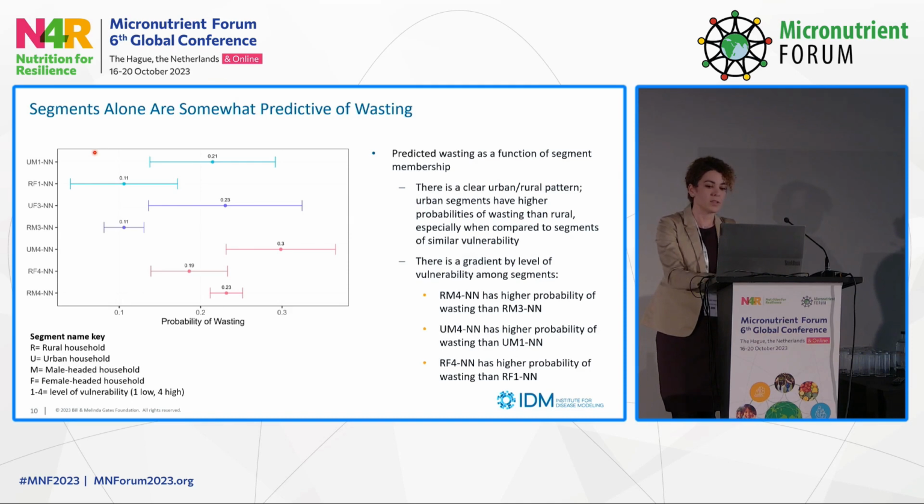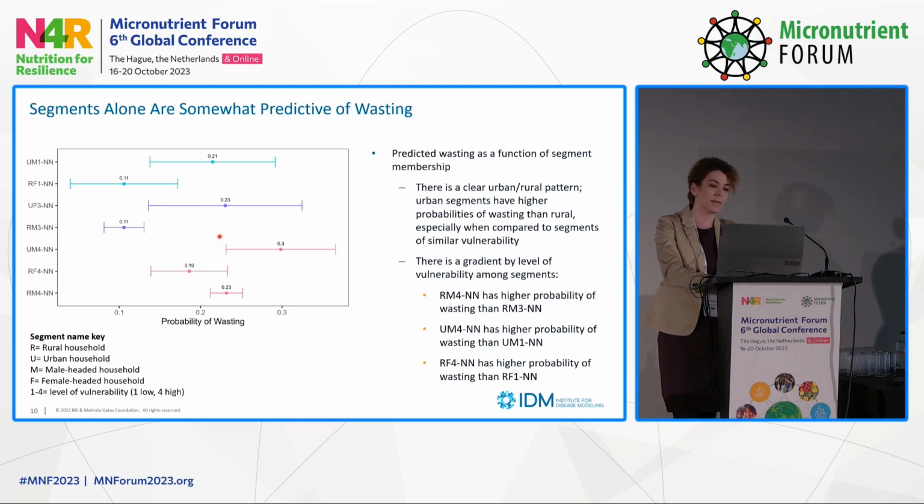For wasting, the results are not as straightforward, and the confidence interval here is much wider, because of the sample size and the number of cases within each of these segments. But what we can see is that the wasting probability in urban segments is slightly higher than in rural segments, although they all overlap with each other, especially when we look at segments that have a similar level of vulnerabilities.